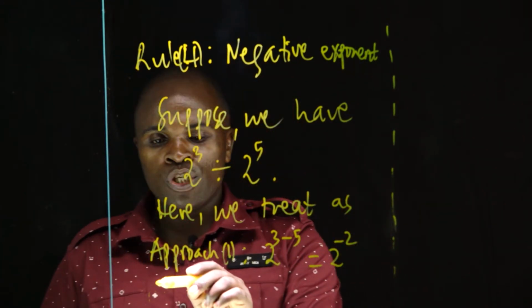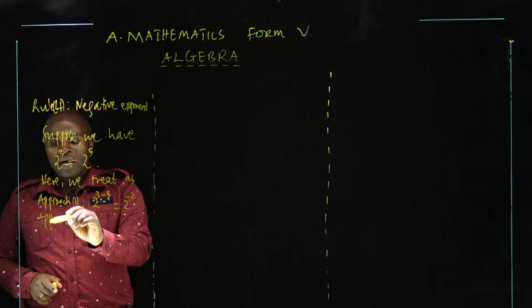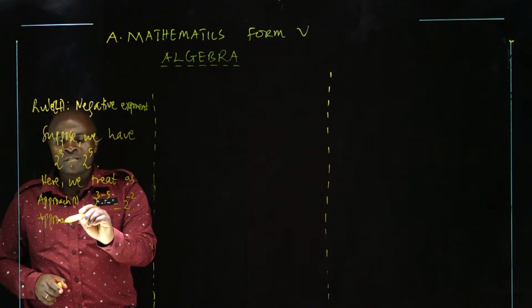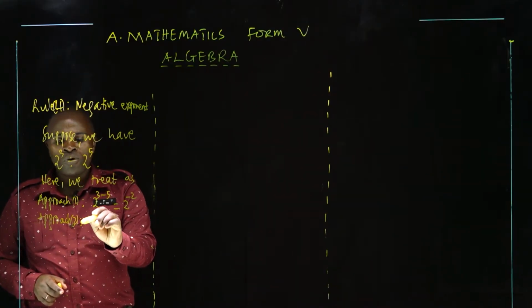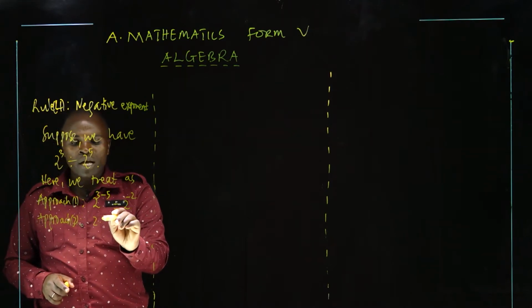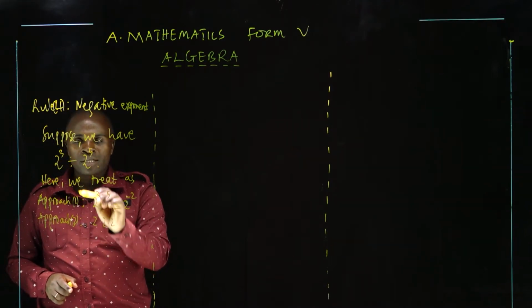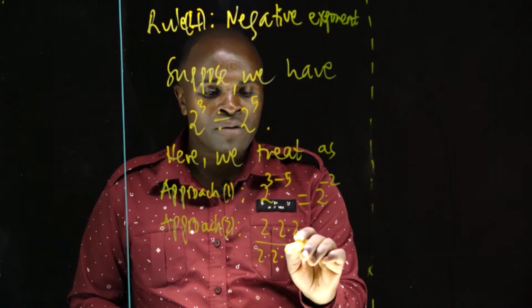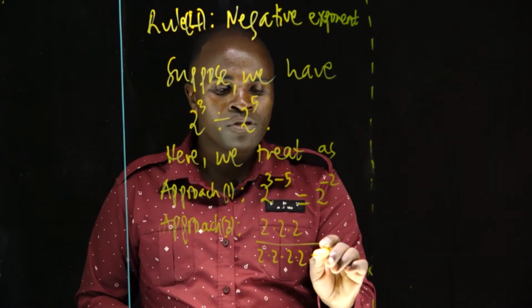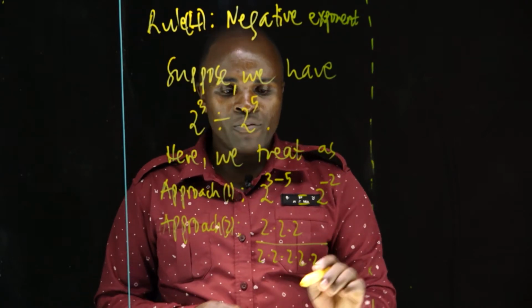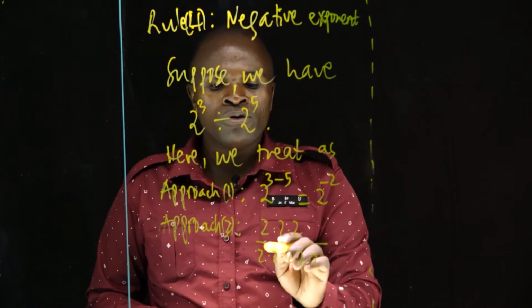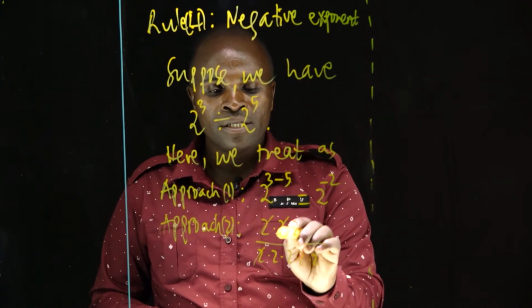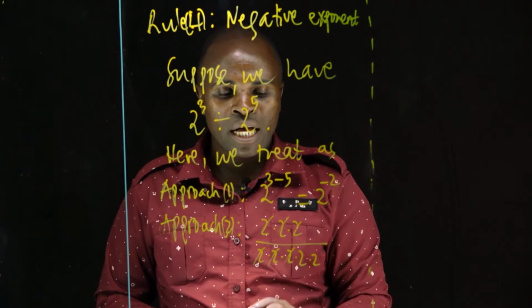Now, we're taking approach 2. Another learner of mathematics could say, why don't we take 2 times 2 times 2? That means 2 power 3 divided by 2 times 2 times 2 times 2 times 2. In the same way, using the cancellation rule, you could find this 2 is cancelling here, similarly here, the same as here.